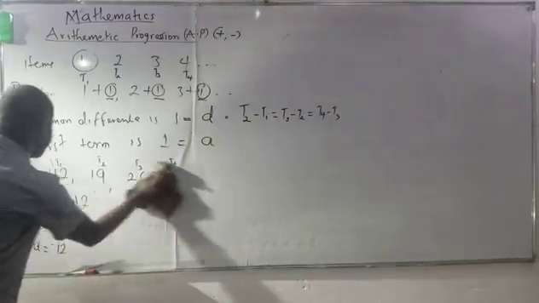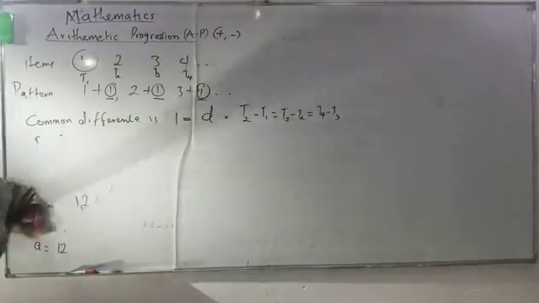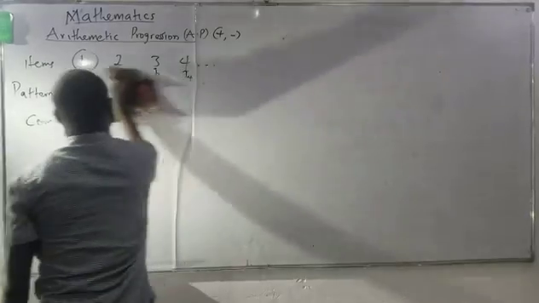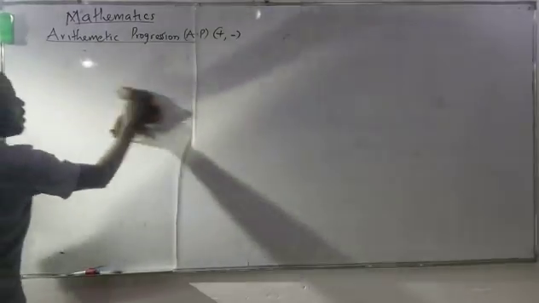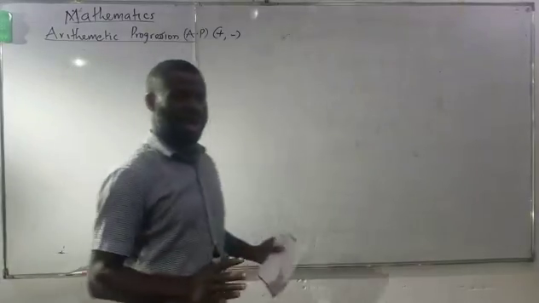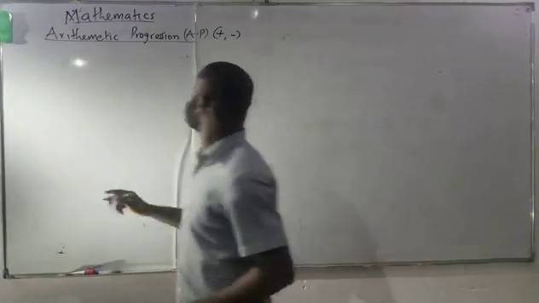Now, I want to explain what is called ascending and descending patterns. Look at this. When you do your common difference and you are having a negative, look at this.